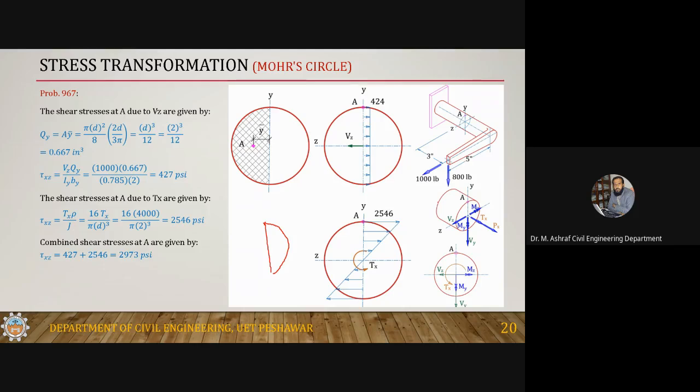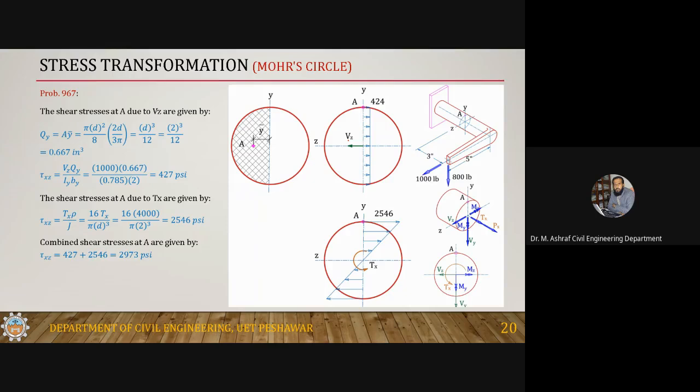We are dealing with point A. The shear stresses are caused by three forces: Vy, Vz, and Tx. Vy drops out, so no stress is caused by Vy. So there are two forces, Vz and Tx. First we'll talk about the stresses caused by Vz.